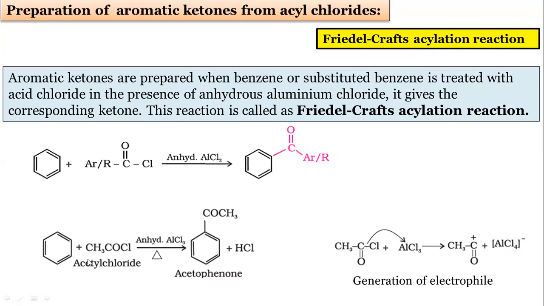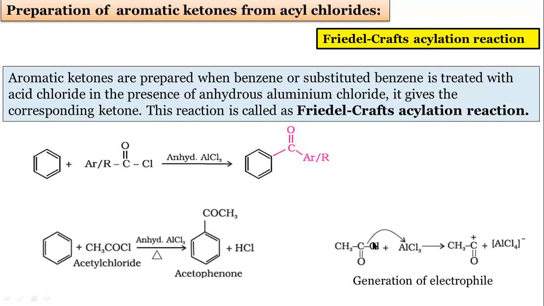Once again, I'm going to explain. Electrophilic substitution reactions include halogenation, nitration, sulfonation, and these two, Friedel-Crafts alkylation and Friedel-Crafts acylation. Purposefully I have shown on the right-hand side how the electrophile is generated. This is also explained in 11th standard.